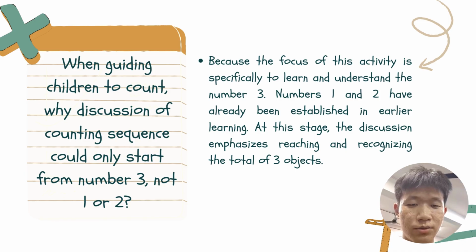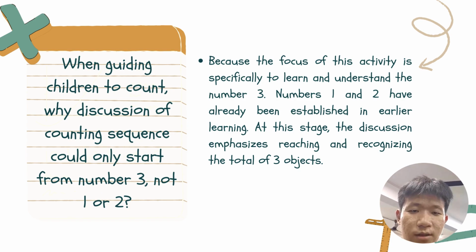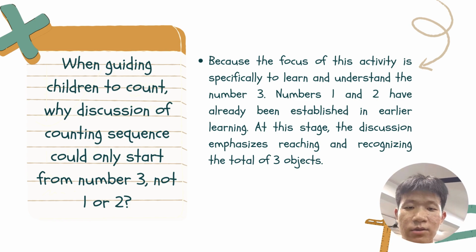When guiding children to count, why can the discussion of counting sequence only start from 3, not 1 or 2? Because the focus of the activity is especially to learn and understand the number 3.